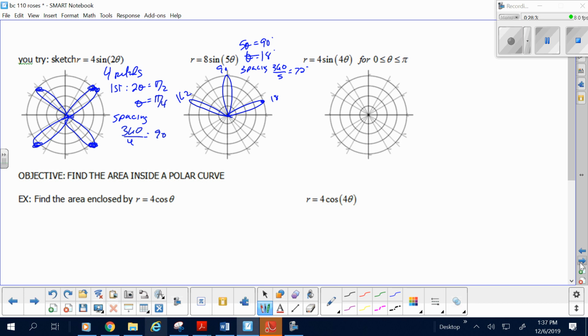So here's 210, here's 225, here's 240. So 234 is in here between the pi over 4 and the pi over 3. And symmetry. Are they evenly spaced, or is yours evenly spaced? Should be close.